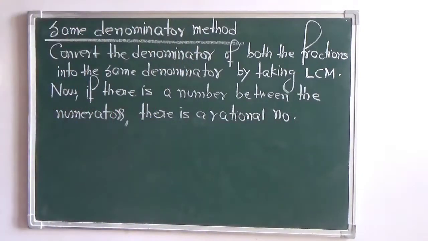So let us explain these two. The first one is by taking the average, and the second one is by making the denominators same. So we can discuss this by taking some examples.